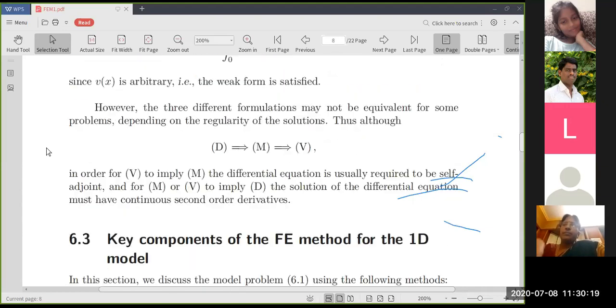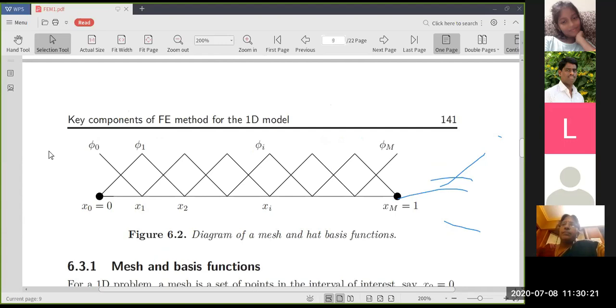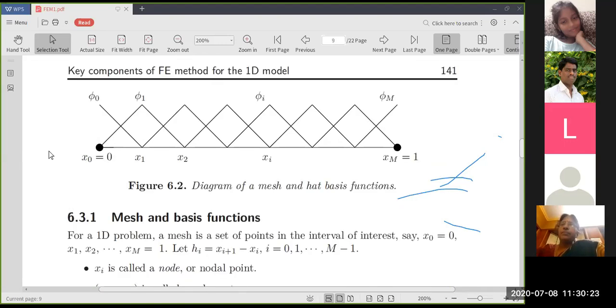Now consider this basis function. In a couple of slides before we have seen these basis functions. They are defined like this, starting from x0, x1, x2, etc., xm. Remember, whenever we took that summation, I have taken the summation from 1 to m minus 1. The summation j varies from 1 to m minus 1.